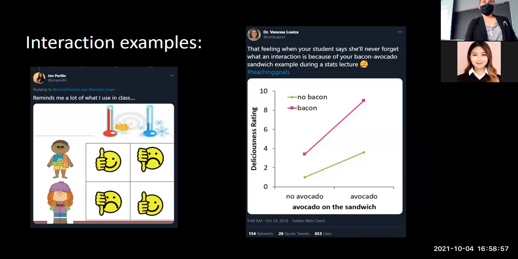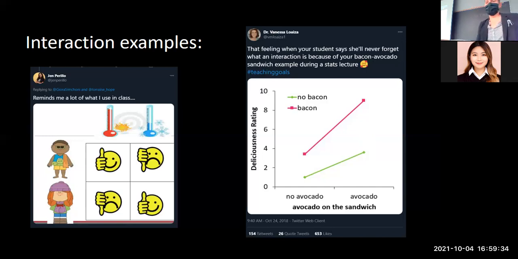I guess I could look. So where am I looking to figure this out? What am I going to compare? The difference between the green point and the pinkish point when there is avocado. That's what we're talking about. This is like 3-ish, and this is like 9-ish.